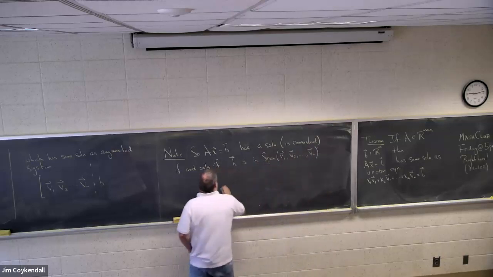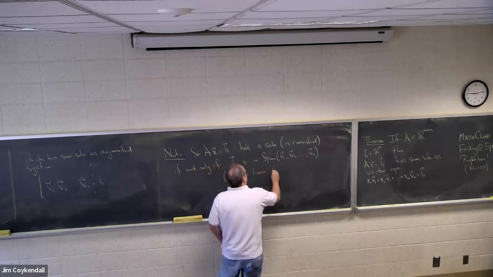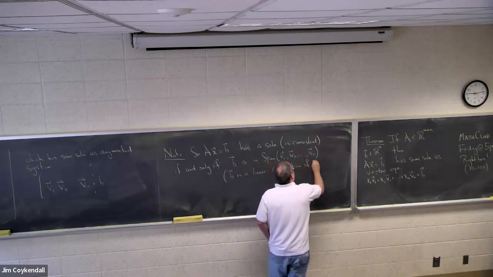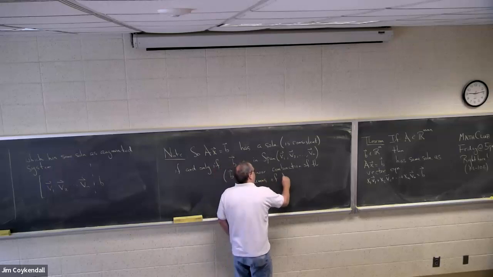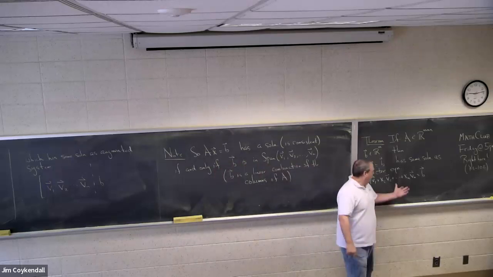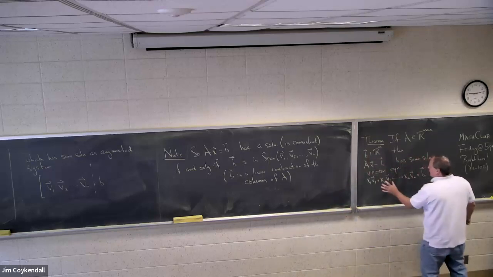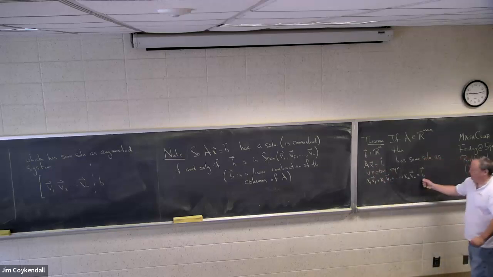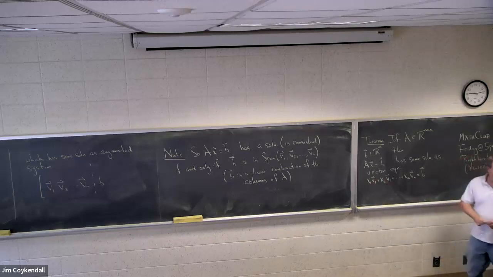That is to say, b is a linear combination of the columns of the matrix, right? Because that's exactly what this part of the equation says. Notice this has the same solution, and this has a solution if this has a solution. And what this means is b here is a linear combination of columns.